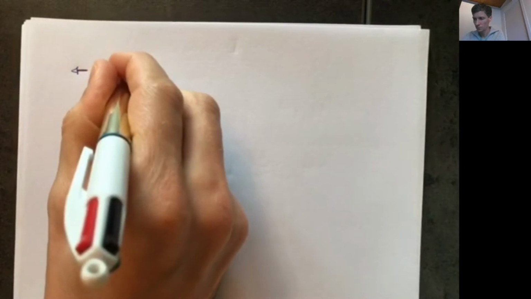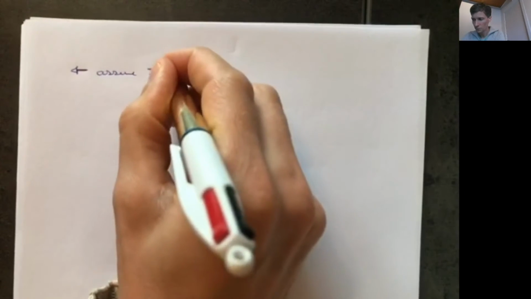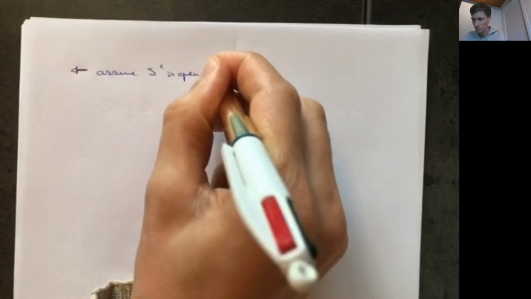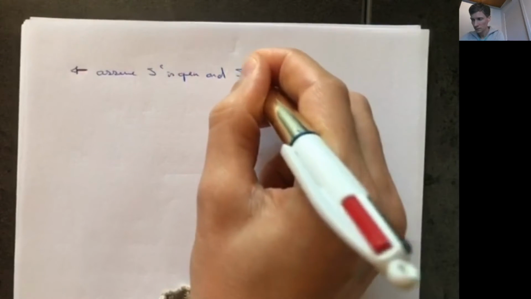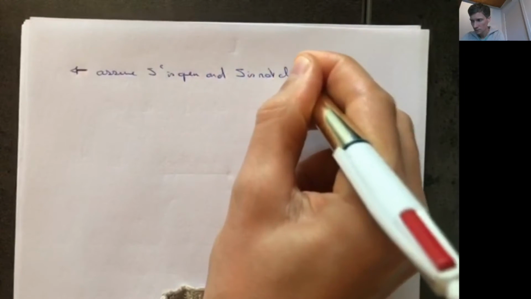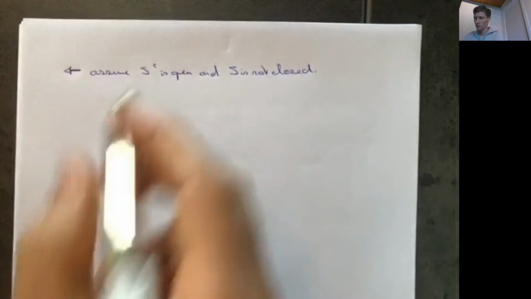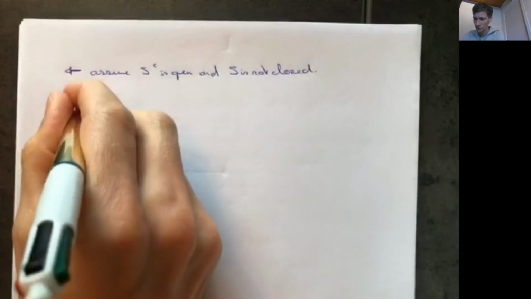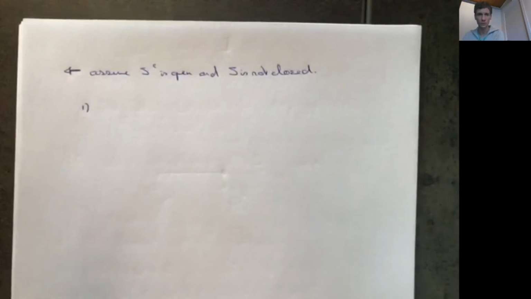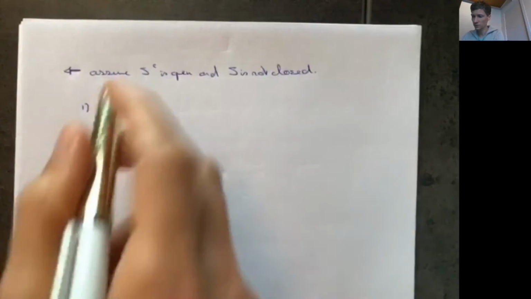So assume S^C is open and S is not closed. Okay. So let's write again the definitions of open and closed, or open and not closed in this case. So S^C is open.